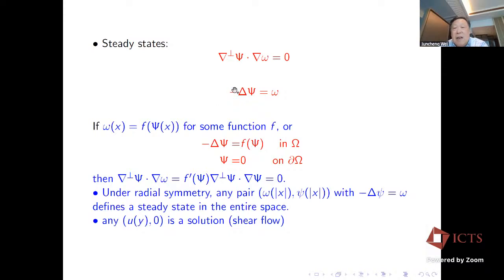So any solution of the semi-linear problem is a steady state for the Euler equation. And not only this, any radially symmetric function is also a steady state. There are also many other steady states, like the one-dimensional case.